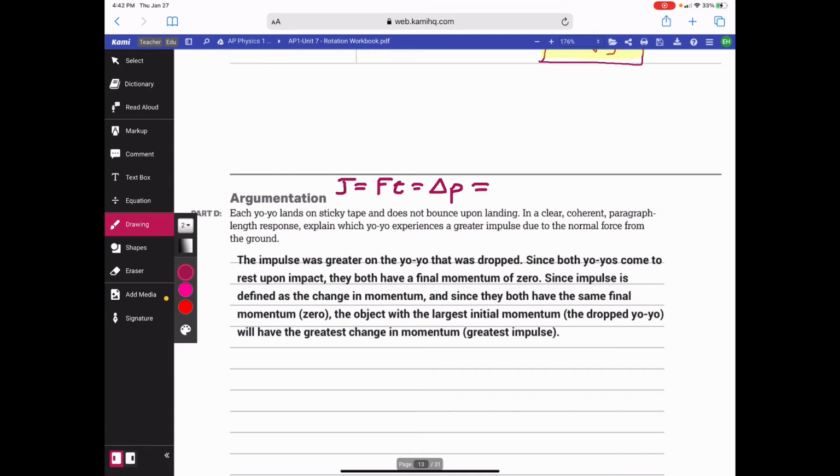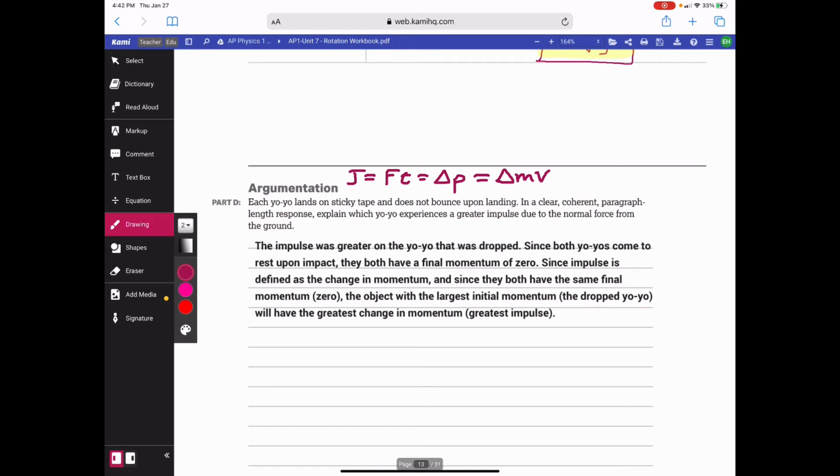And momentum, if you recall, is equal to mass times velocity. So the impulse was greater for the yo-yo that was dropped. Since both yo-yos come to rest upon impact, they both have a final momentum of 0. Impulse is the change in momentum, and since they both have the same final momentum, the one with the largest initial momentum has the greatest change in momentum. Okay, the dropped yo-yo has the largest initial momentum, right? Because it has the largest velocity. That'll lead to the greatest change in momentum and thus the greatest impulse.